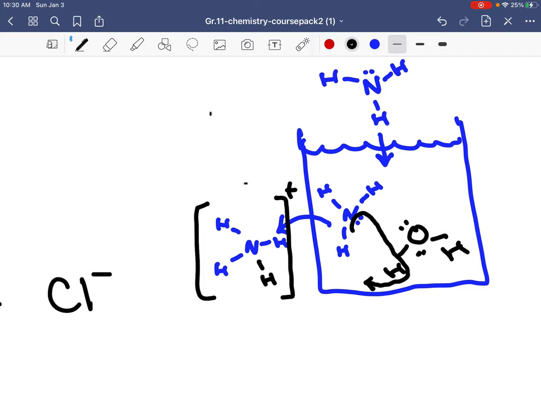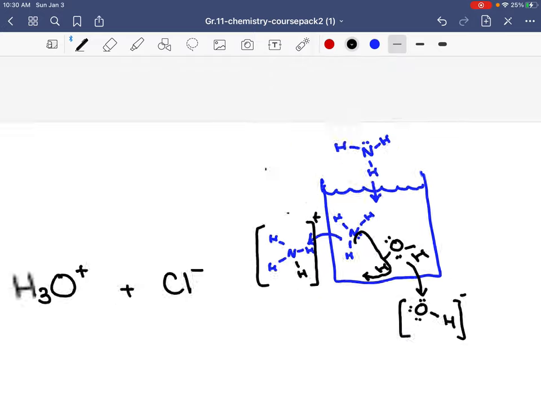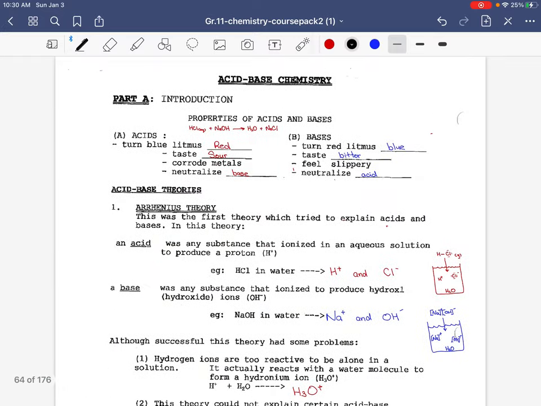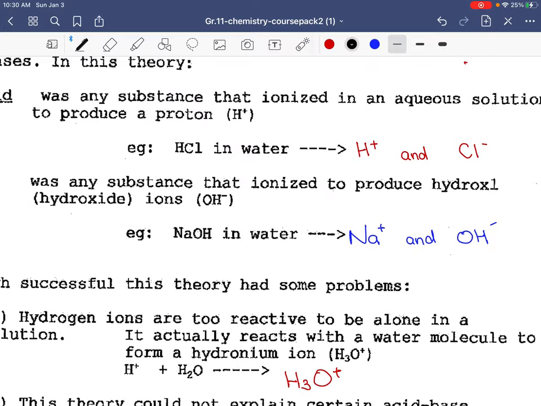Wow. So what happens to water then? Well, water is no longer H2O. What you have right here is OH. Wait. Arrhenius, back here, says bases have the ability to produce hydroxides.